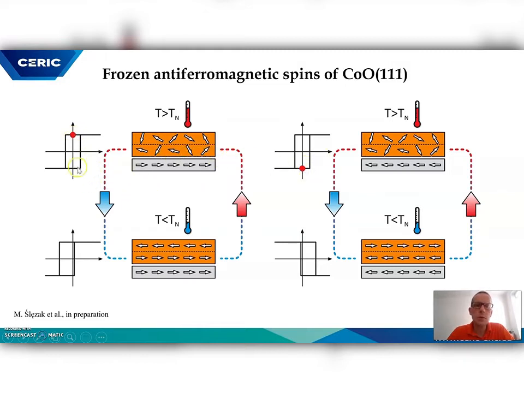As you see, in this way, we can choose a specific interfacial orientation of antiferromagnetic spins here and here, and it also leads to the change of the sign of the shift field of the exchange biased hysteresis curve, as you see here and here. So we may speak in this way about a kind of memory effect on frozen antiferromagnetic spins.